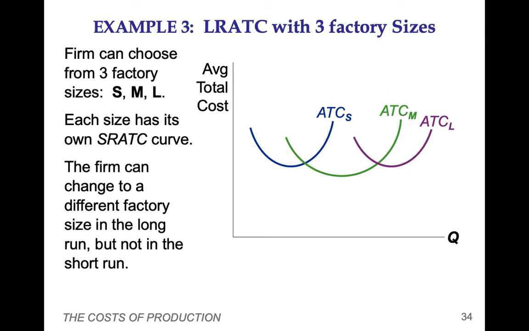So the firm will choose a size, or a mix of inputs, that makes it produce at the lowest average total cost possible.